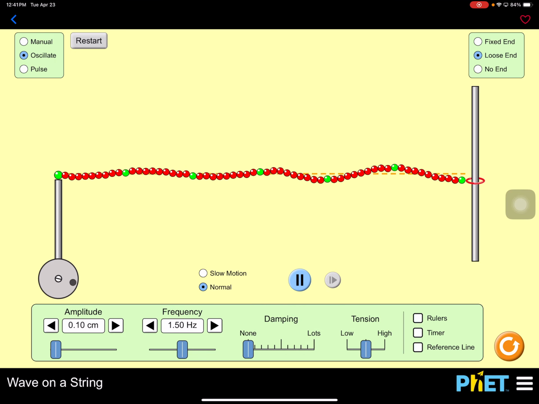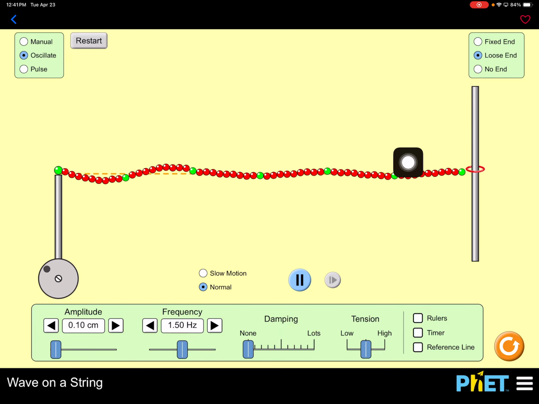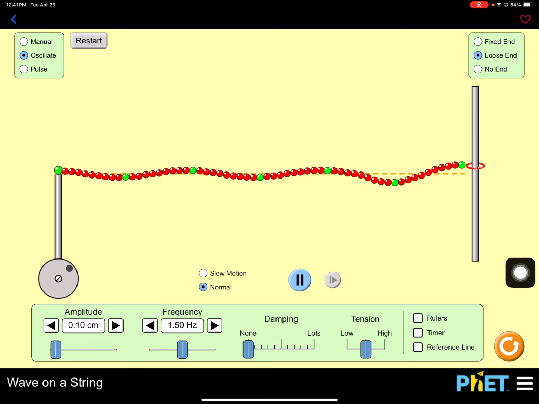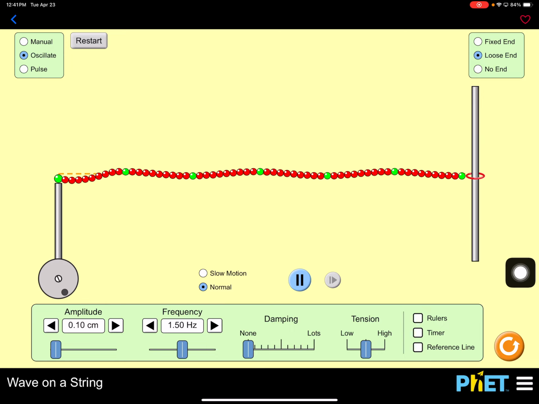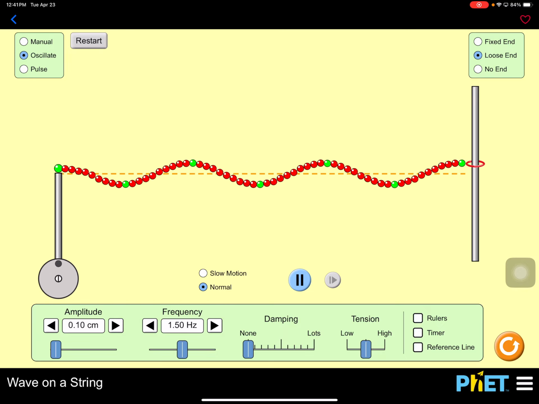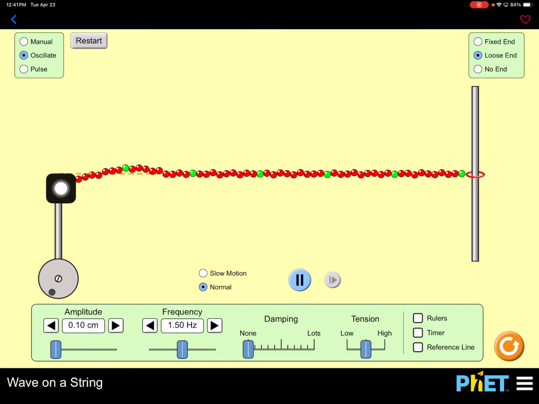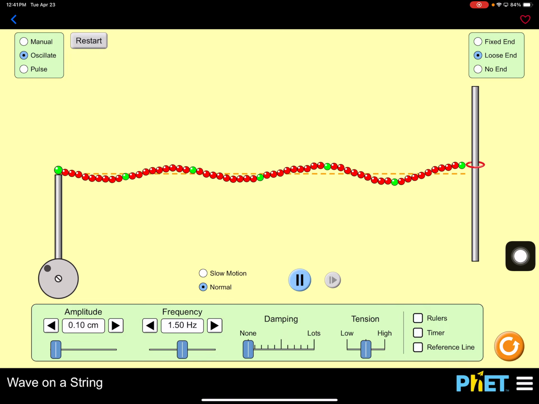This is a traveling wave, okay? This wave is traveling to the right. What is a standing wave? Something that doesn't move. This is something that's standing, as the name suggests. Okay, and the reason we'll talk about that is, why is this happening?